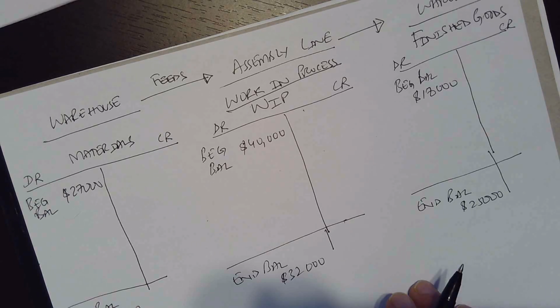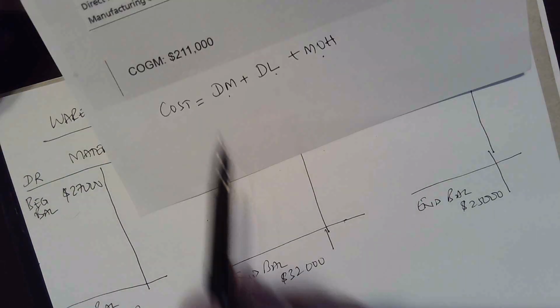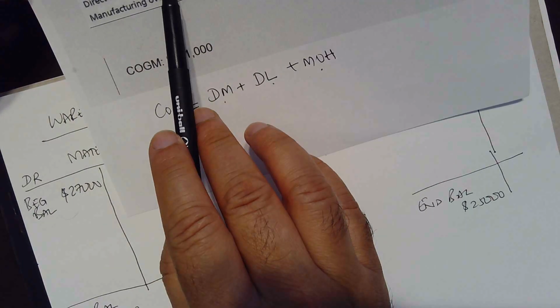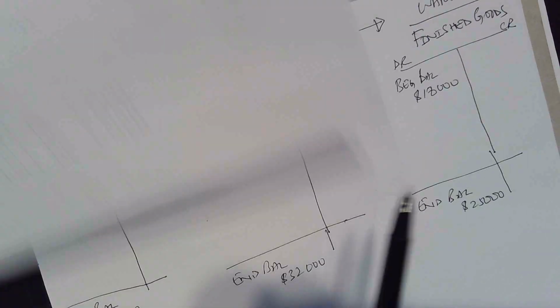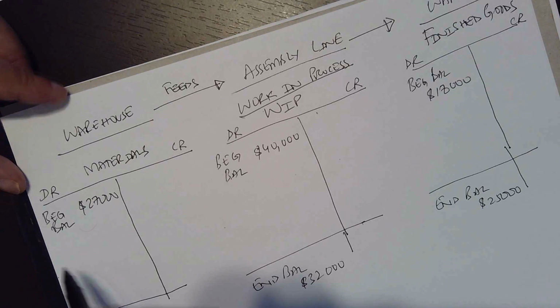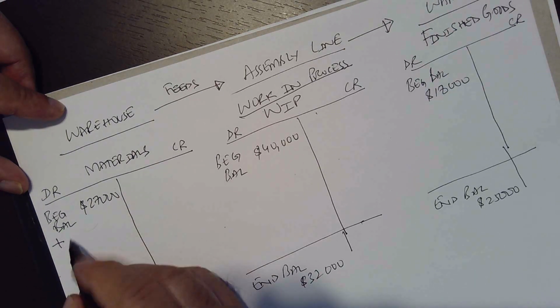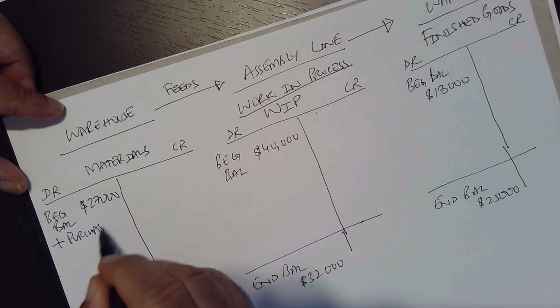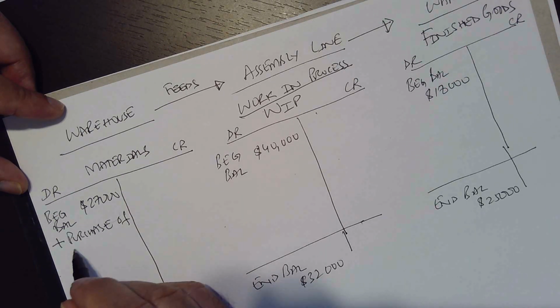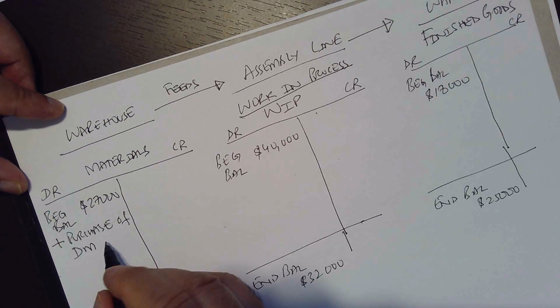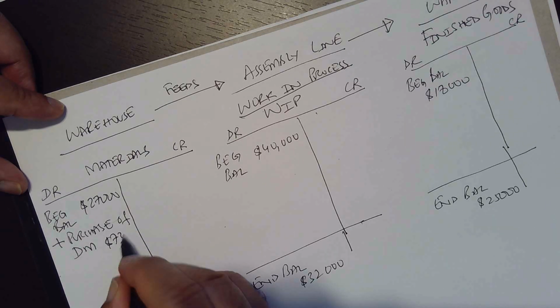So the other piece of information that we have is we have purchased direct material worth $73,000. So the purchase goes over here. So we have plus, I'm putting a plus sign, purchase of direct materials, and we purchased 73,000.